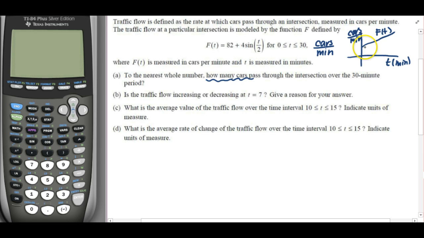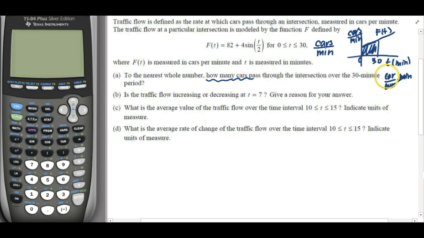So finding the area under the curve during the first 30 minutes, so from 0 to 30, the area is going to be the units of the base times the units of the height. So cars per minute times minutes, well, the units that are going to cancel are minutes, and my answer will be in cars.